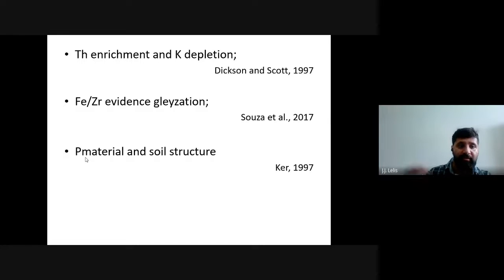These materials help a lot to preserve or to degrade organic carbon and soil organic matter, and soil organic matter, iron and clay are very important to the formation of soil structure. So we can easily see some relations between the parent material that you are describing in the field and the soil structure.